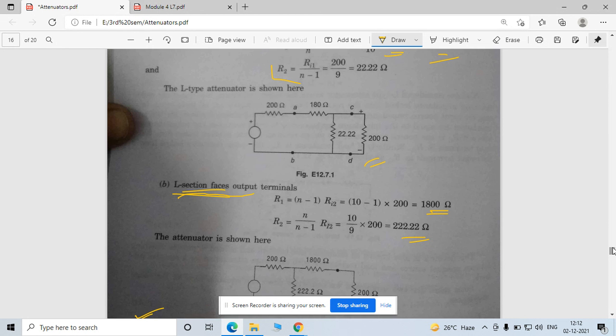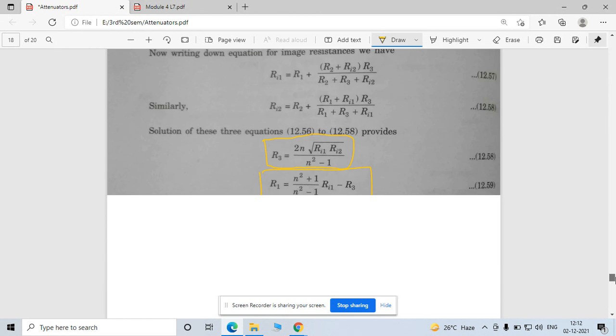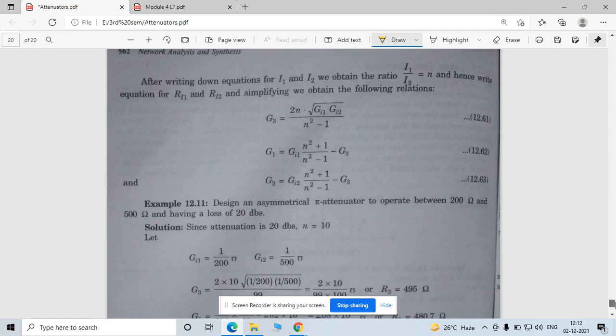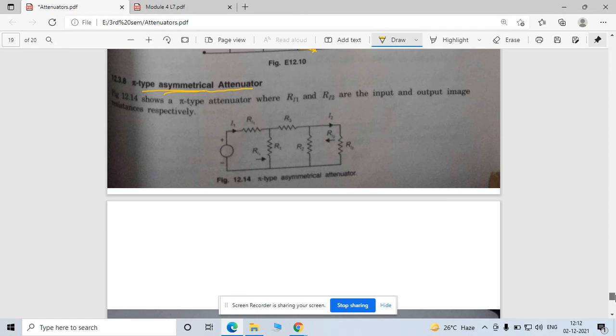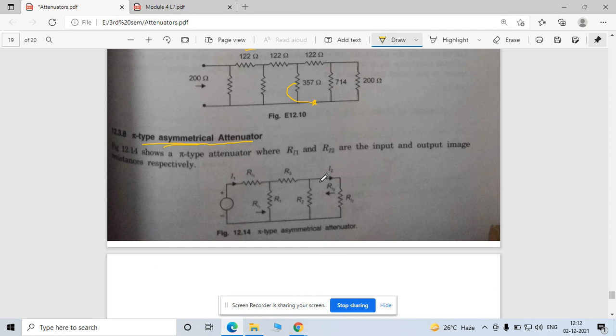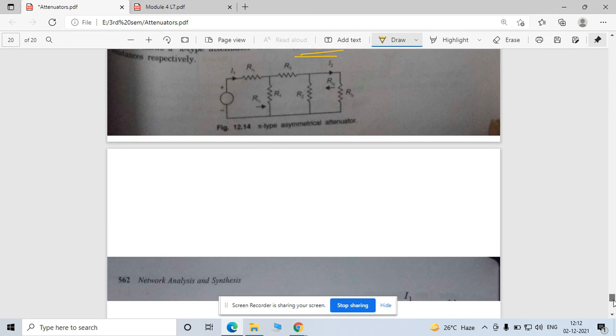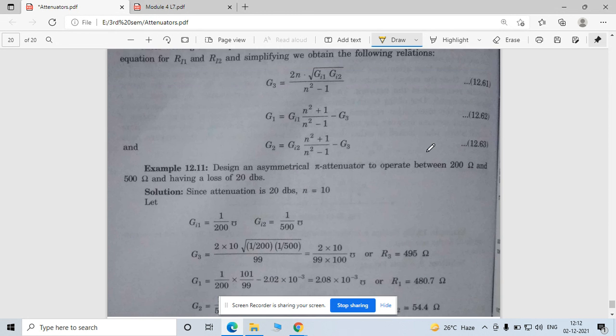So once you solve, you will get these equations here. The derivation is not covered here. Try to solve it, and match your equation with this. You will find your equation in terms of this conductance form.